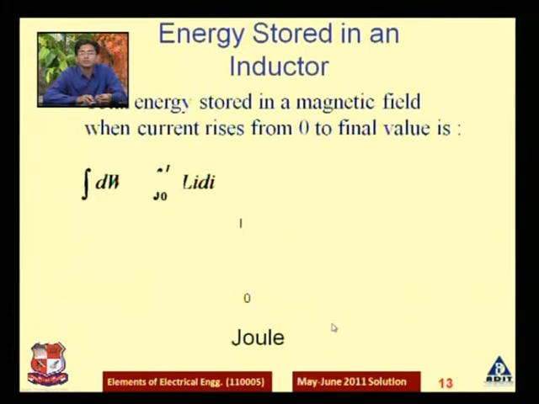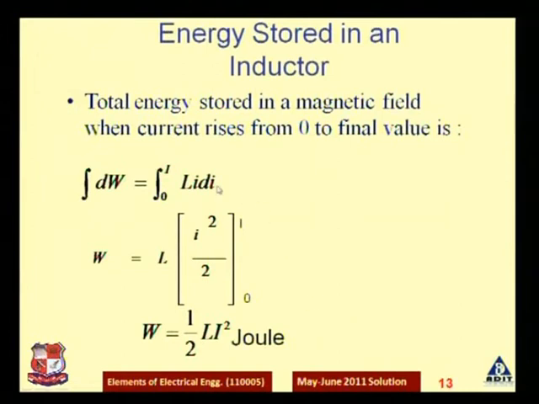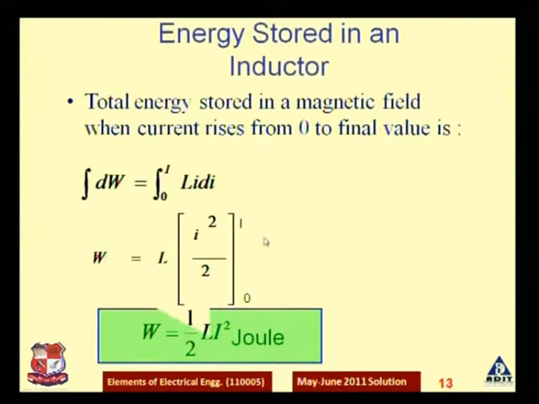Now to find the energy stored in the magnetic field, I have to do the integration from the initial value to the final value. By integrating this, I will get W equal to L into i square by 2. So at last I get the equation W equal to 1/2 L i square joule.